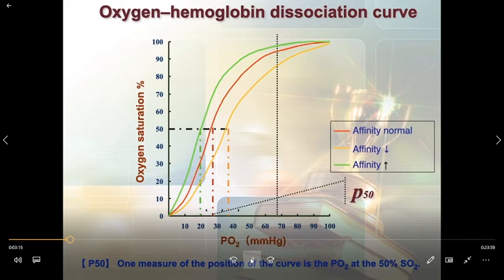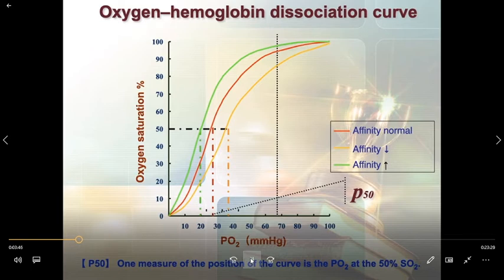So the vertical is the saturation. The horizontal is the partial pressure of oxygen. And here is P50. What is P50? It's a measure of the position of the curve, the partial pressure of oxygen while the oxygen saturation is 50%.